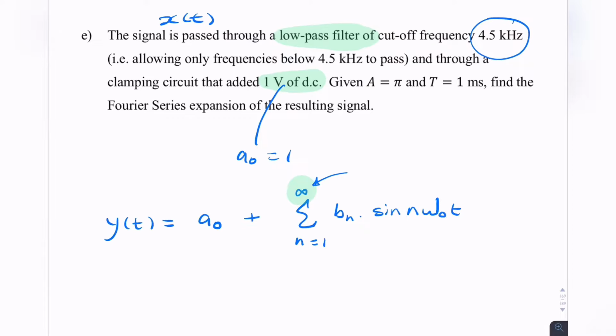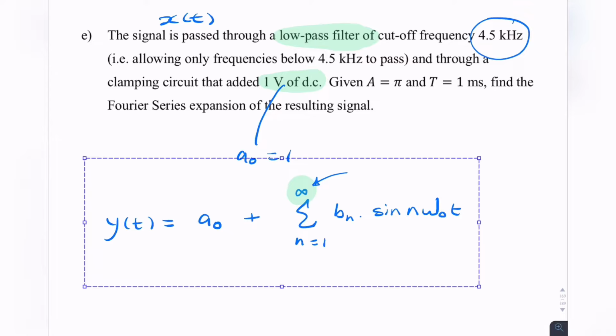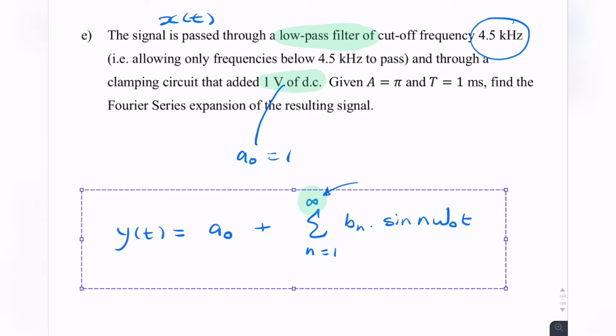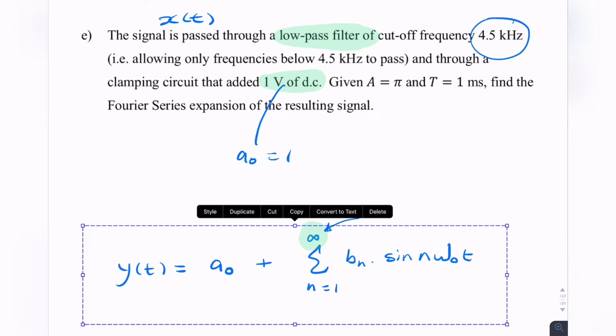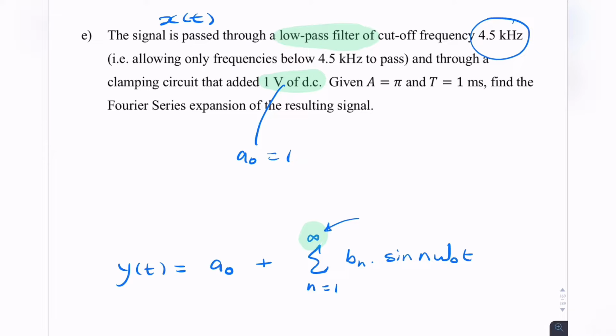So let's work on that step by step. Let's move this out of the way. And let's figure out from what we're given. We're given T equals 1 millisecond. So that means that f naught is 1 over T, which is 1 kilohertz.